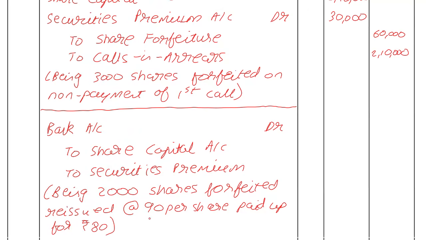Okay, and this becomes important because the 10, the difference 90 minus 80, which is 10 into 2,000 is going to be securities premium.